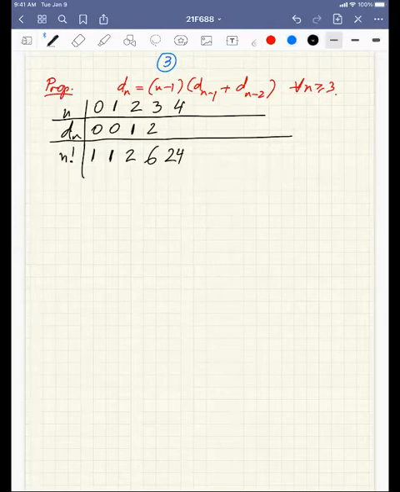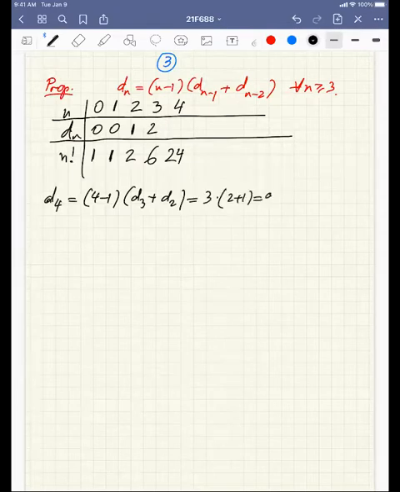Well, this recurrence relation, if we apply it here, d_4 equals (4 minus 1) times (d_3 plus d_2), which is 3 times (2 plus 1), gives us 9. And so on.